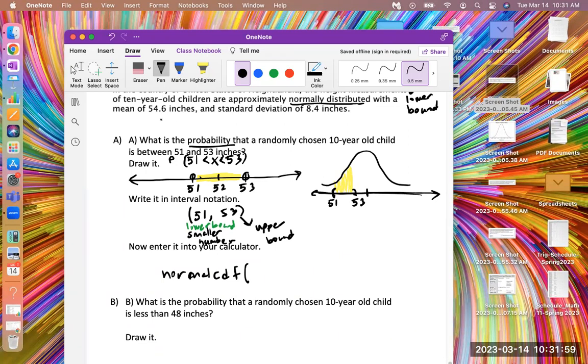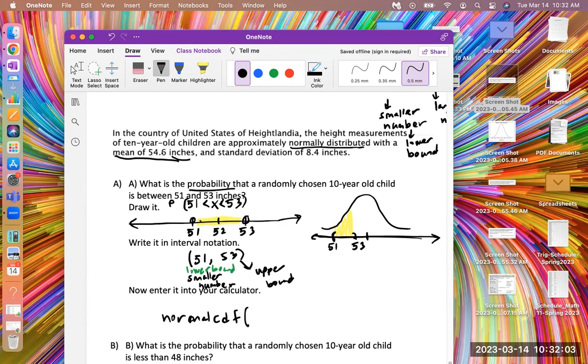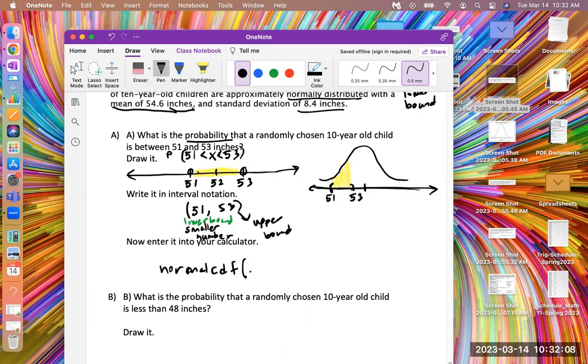The mean of the distribution was 54.6, and we also have to tell it the standard deviation, which is 8.4.